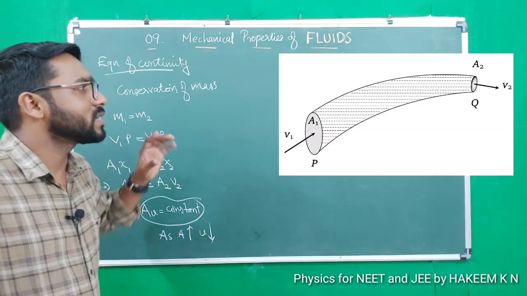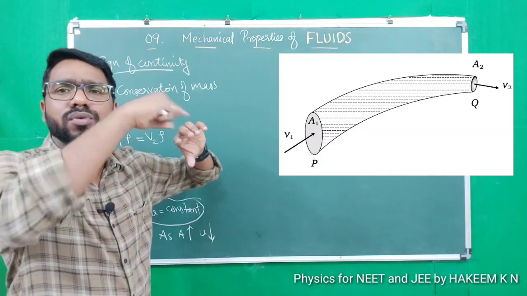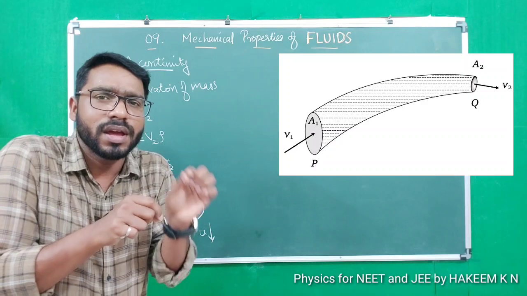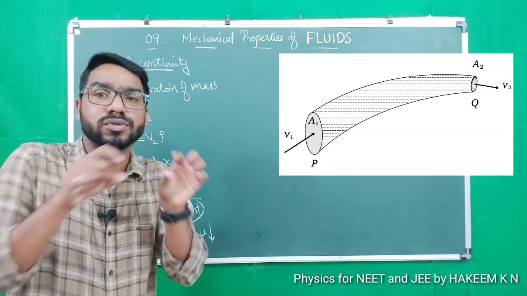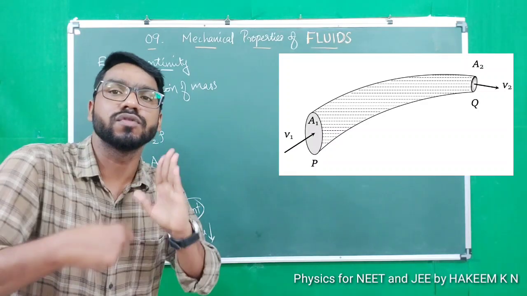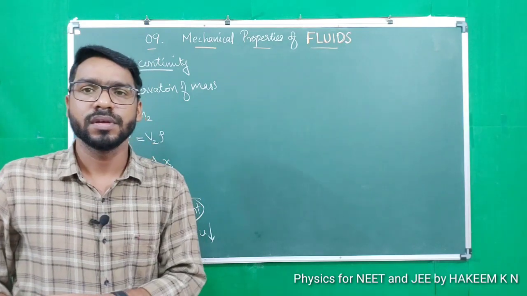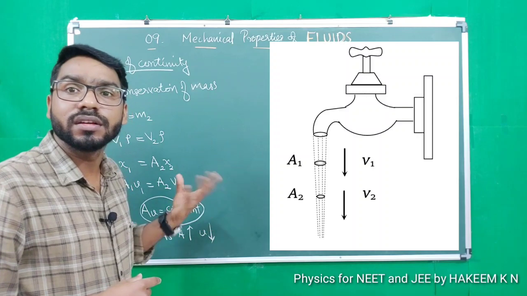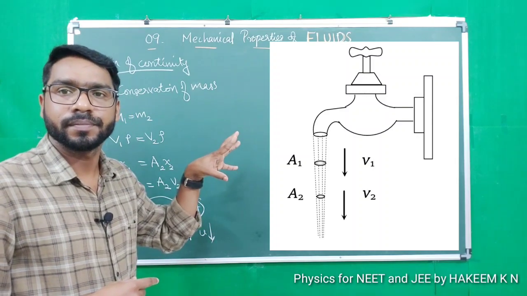So we can say through a large area of pipe, the velocity of the liquid will be small, and through a small hole, the liquid velocity will be very large. Here you can see an example: water falling from a tap.